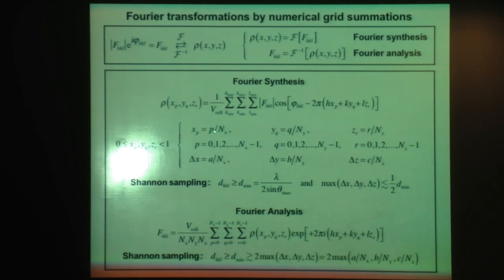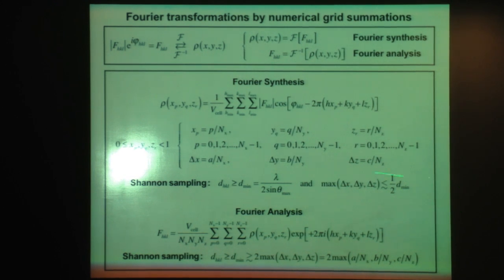Right? So that's the value of p divided by the number of divisions that we make along x, the value of q divided by the number of divisions along y, and so on. So that delta x, delta y, delta z come down to this. Okay? a divided by the number of x divisions, b divided by the number of y, and so on.